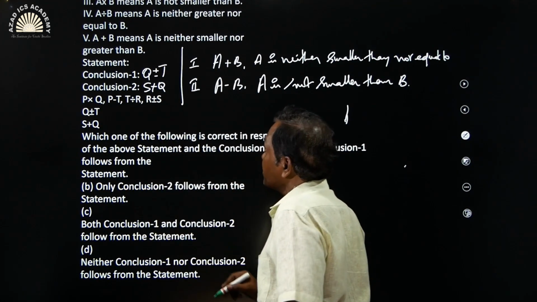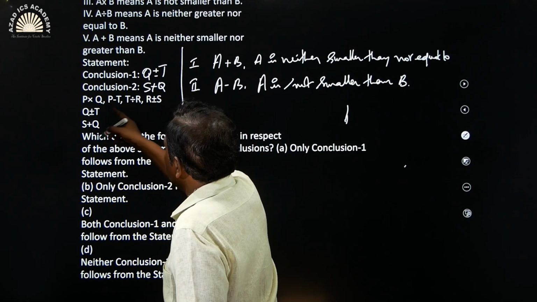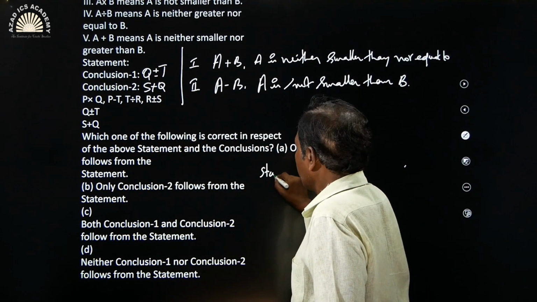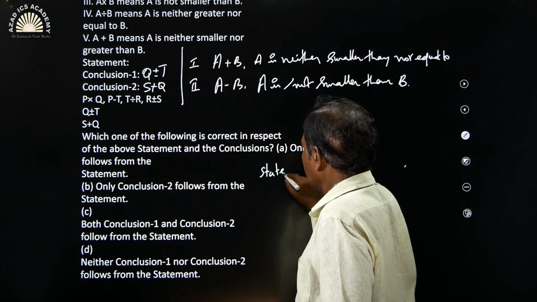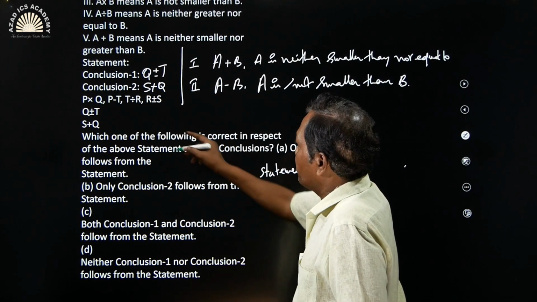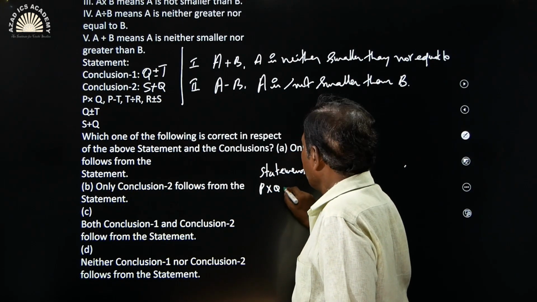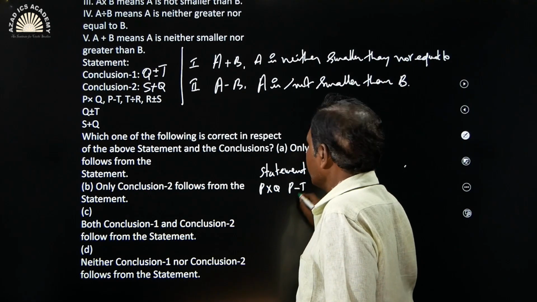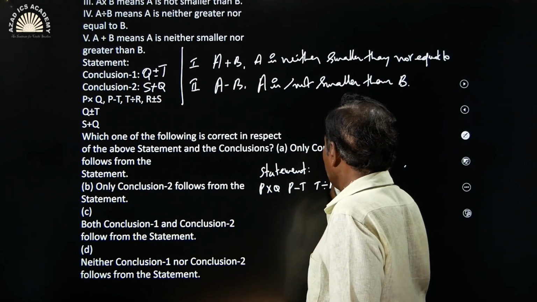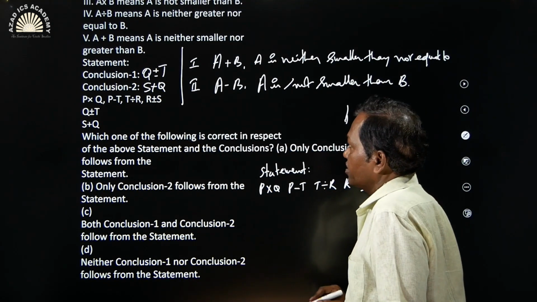This is the statement. Conclusion 2. The statement is P into Q, P minus T, T division or minus S.